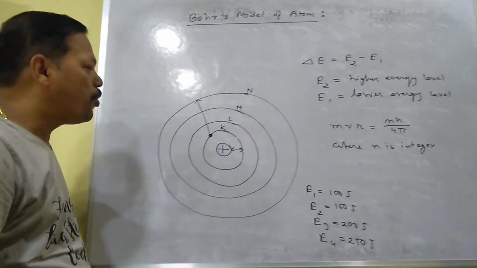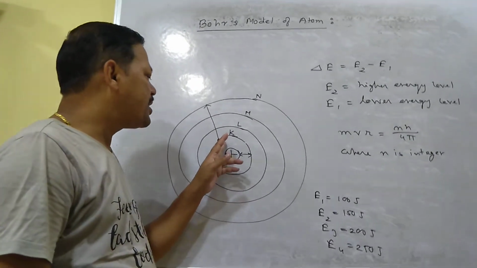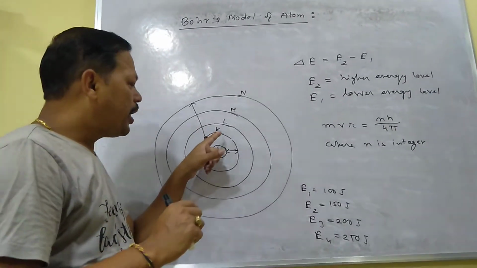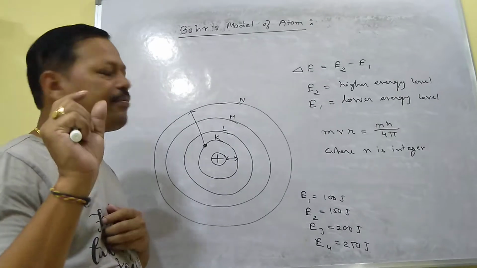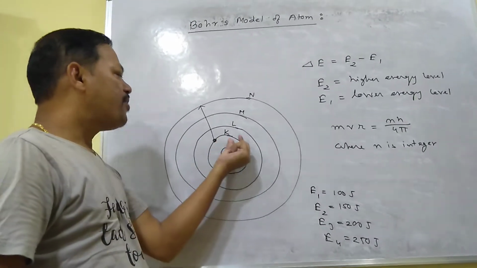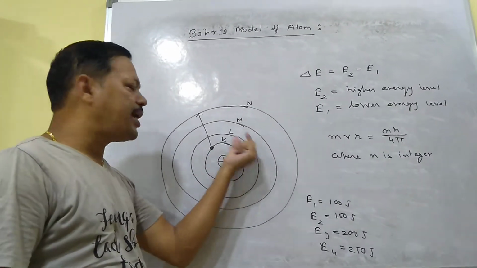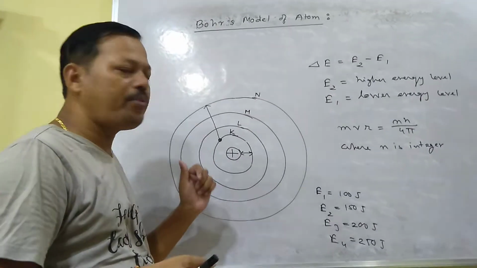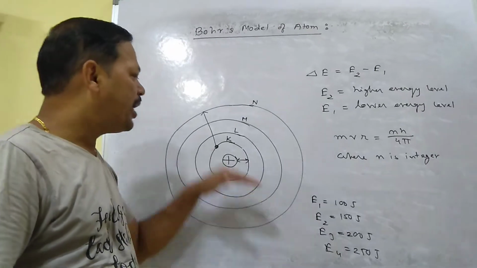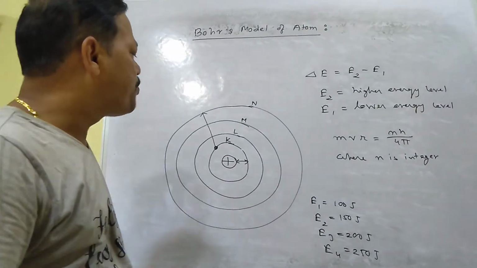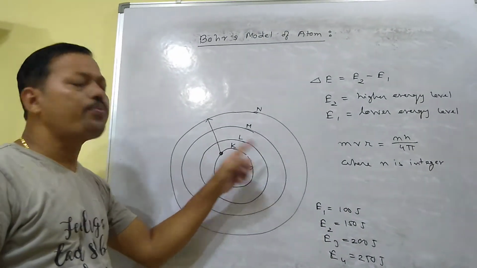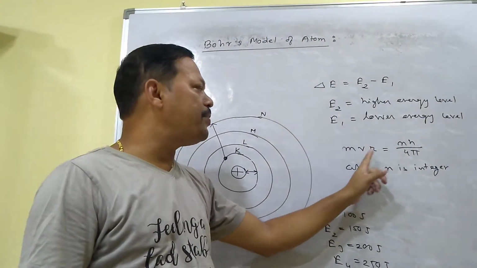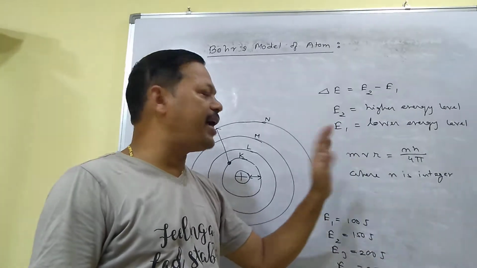Second point, each orbit contains a definite amount of energy. First orbit contains a definite amount of energy, second orbit contains a definite amount of energy. So every orbit contains a definite amount of energy, and that's why they are also said to be energy states. Third point, only those orbits are allowed which satisfy the angular momentum relation mvr equals nh by 4 pi, where n is an integer.